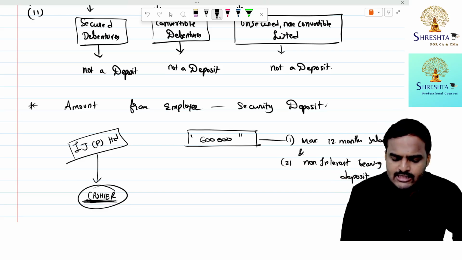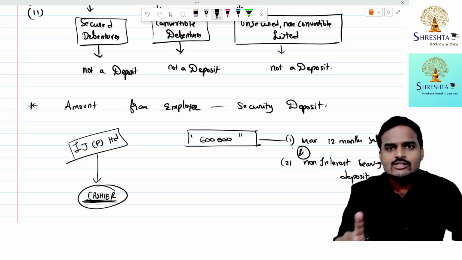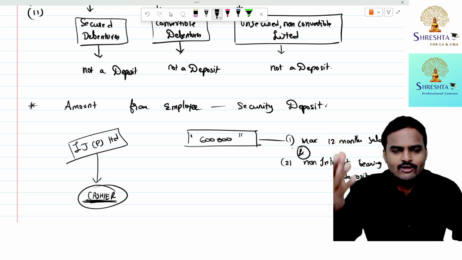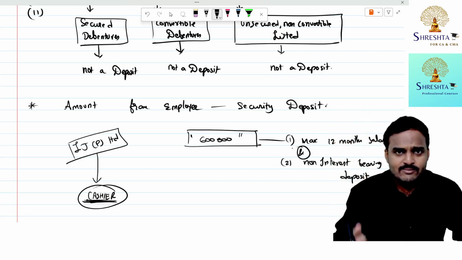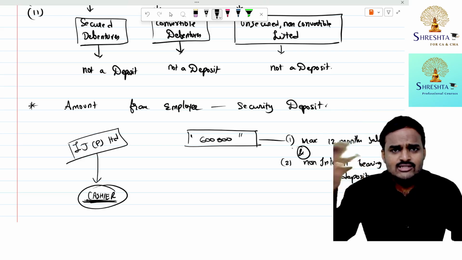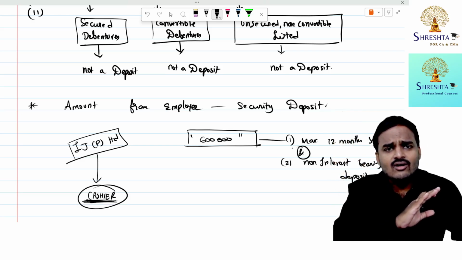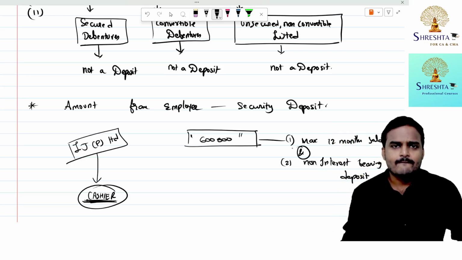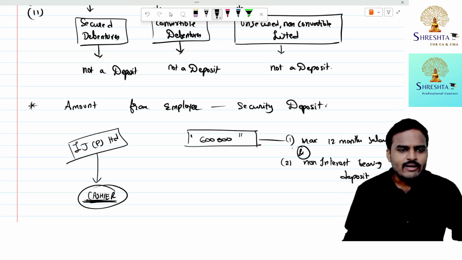If these two conditions are satisfied, then it is not treated as a deposit. Accordingly, the limit of 35%, conditions for accepting deposits, issue of circular, preparation of circular are not applicable in this case. Are you all getting my point, students?